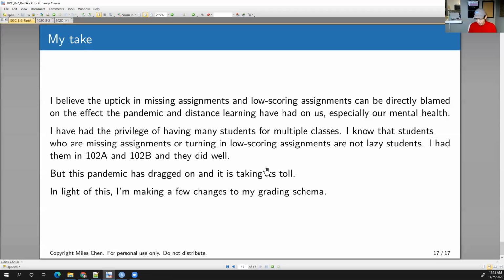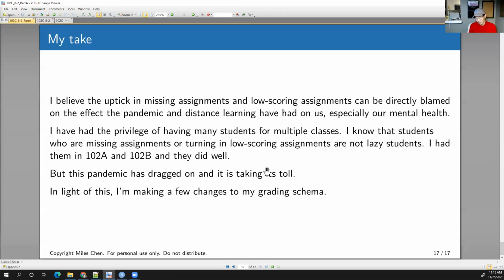So I'm also able to look at student history, and these students who are missing assignments or scoring low on their homework assignments, these aren't lazy students. I recognize these names. These are not lazy students.